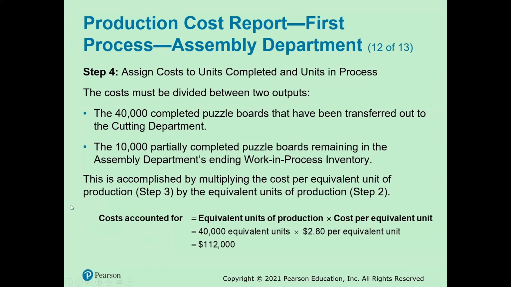So this is accomplished by multiplying the cost per equivalent unit of production, which was step 3, by the equivalent units of production, which was step 2. So the cost accounted for is equal to the EUP times the cost per equivalent unit. So the 40,000 equivalent units times the $2.80 per equivalent unit is equal to $112,000.